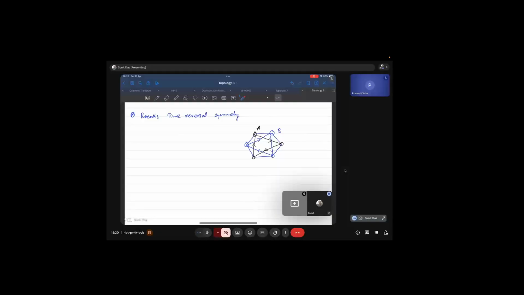So if we represent it in terms of the Hamiltonian, then we can write. Let me write a few lines actually, then I will write the Hamiltonian.